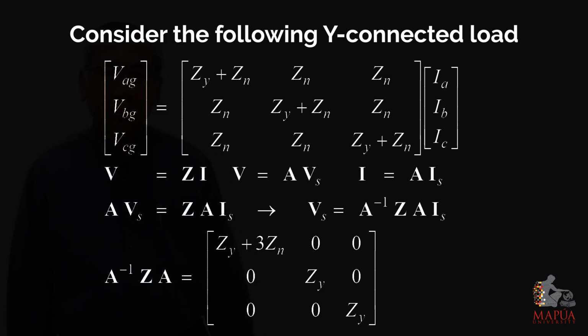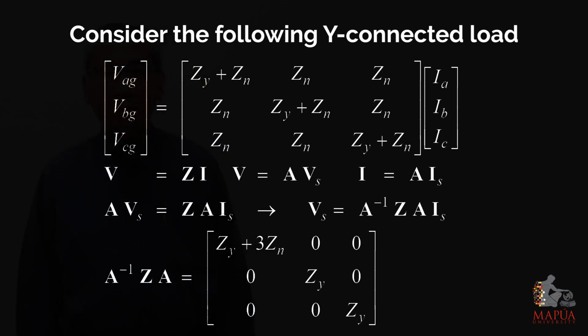Now, as shown in the previous slide, we have our sequence voltage matrix equal to the product of the A inverse, the Z matrix before, and the A matrix, multiplied by the sequence currents IA0, IA plus, IA minus.